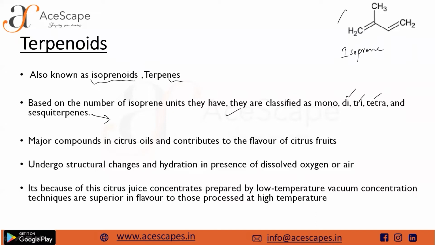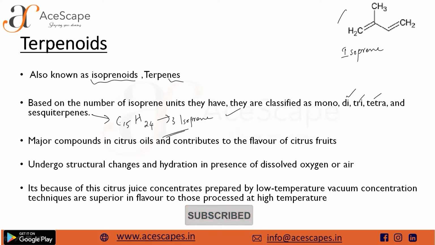Sesquiterpenes are terpenes having 15 carbon atoms, usually of the formula C15H24, and they have three isoprene units. So those are sesquiterpenes.